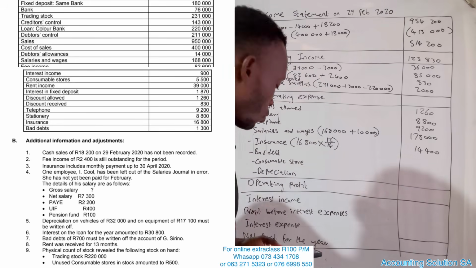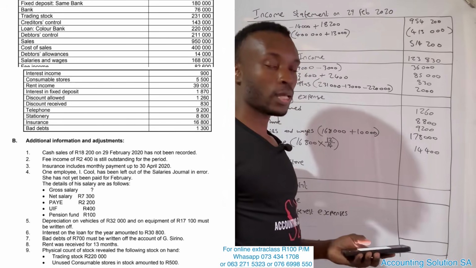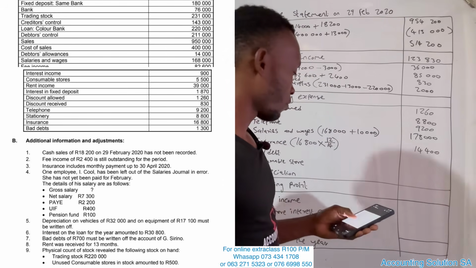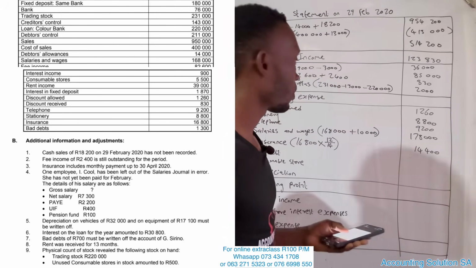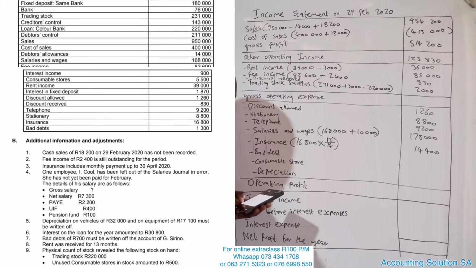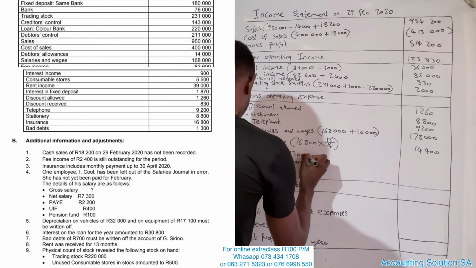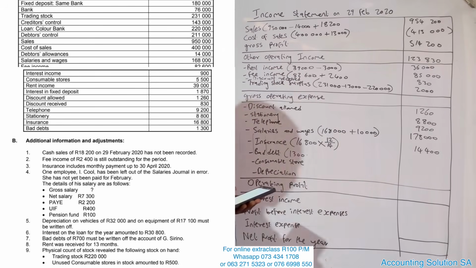Okay. So I used the other strategy in the other video. For this one, we have to change so that you can choose the one that you understand. Okay, bad debts. At the beginning, we were given 1,300, and the number 7, bad debts of 700 must be written off the account of G. Serino.